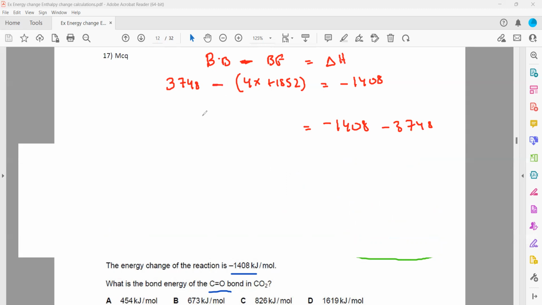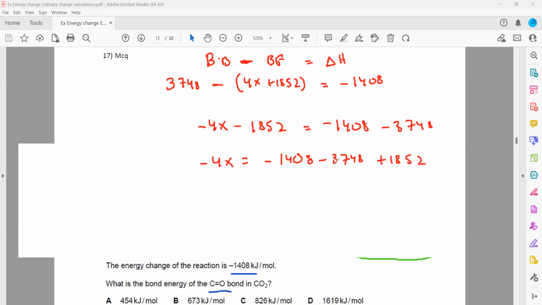And this negative is multiplied with 4, so it will be minus 4x and minus 1852. This minus 1852 also moves to the other side and becomes plus. So minus 4x is equal to minus 1408 minus 3748 plus 1852.